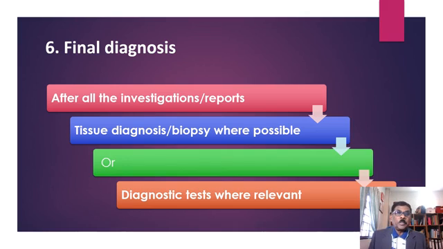The final diagnosis is usually made after all the investigations and reports are obtained: tissue diagnosis, biopsies where possible, or diagnostic tests where relevant in cases where biopsy is not possible.